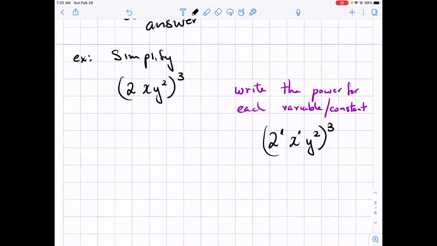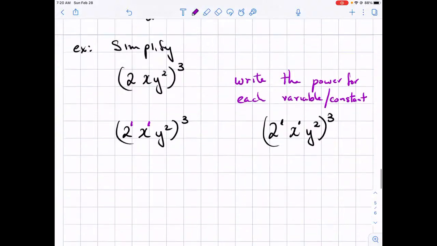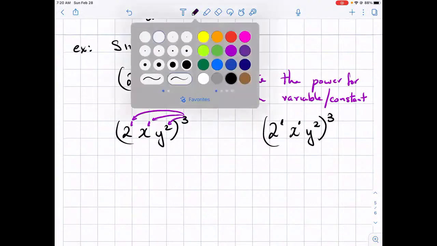Now if you do that, you can distribute the powers, and you will clearly see that this goes to that power, this goes to that power, and the 3 has to be distributed to everything in the parentheses.